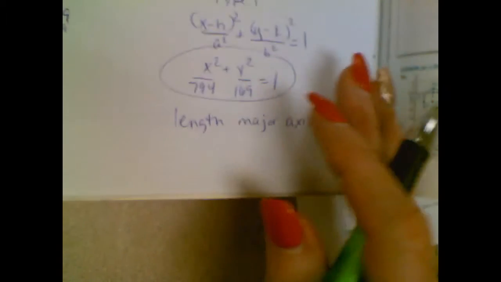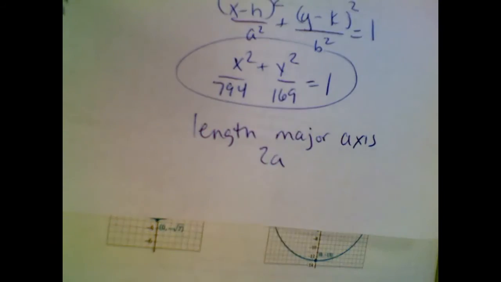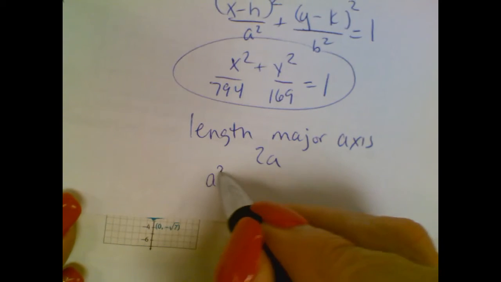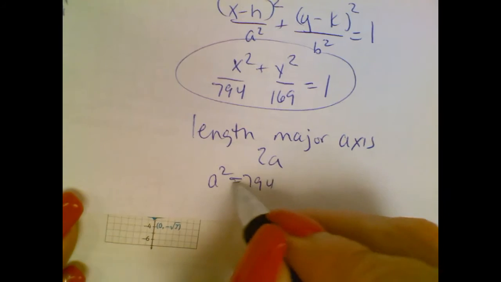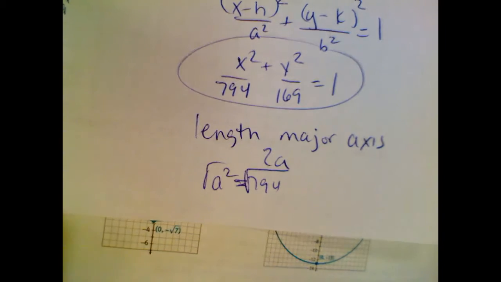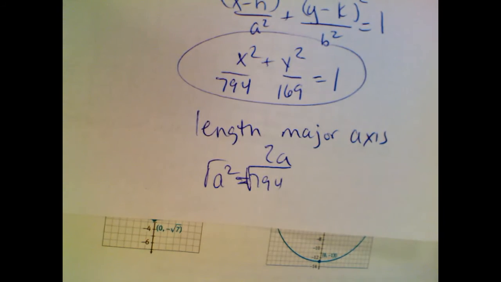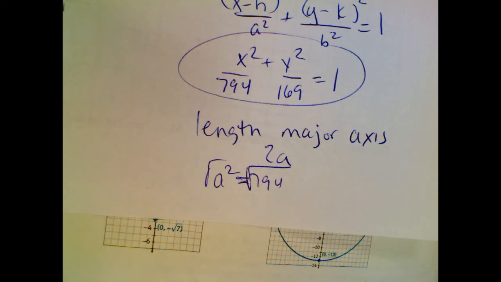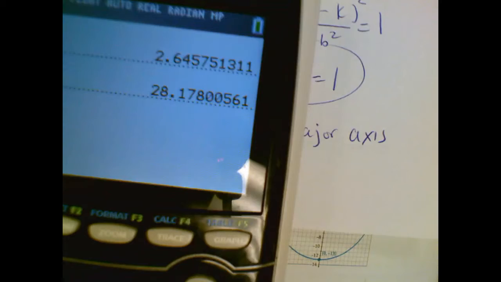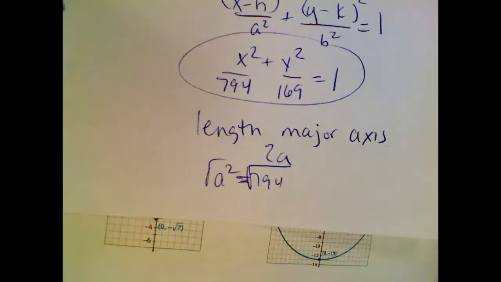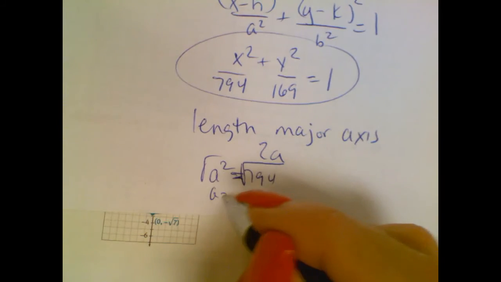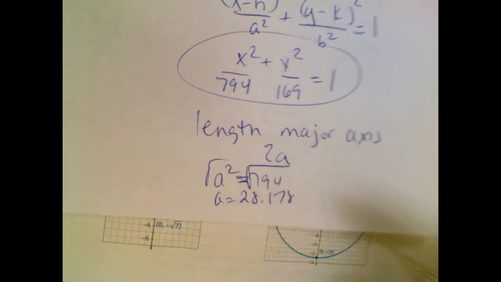The length of the room should be the length of your major axis. So the length of your major axis is 2a. Since a squared is 794, I really need to know what a is. So we're going to take the square root of 794, and that equals 28.178. So a equals 28.178.